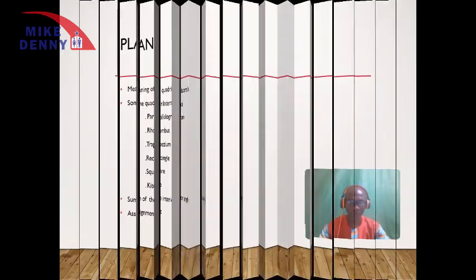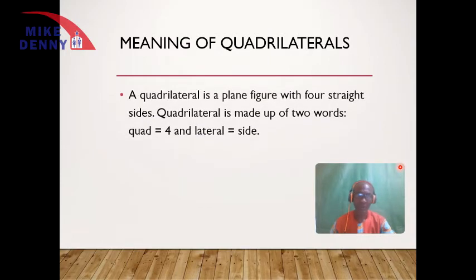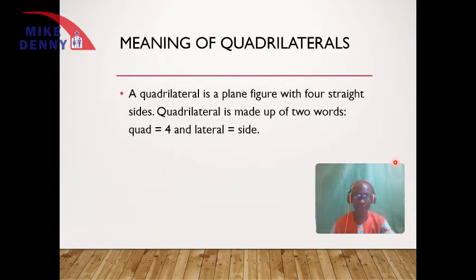So we move to the meaning of quadrilaterals. What are quadrilaterals? A quadrilateral is simply a plane figure with 4 straight sides.